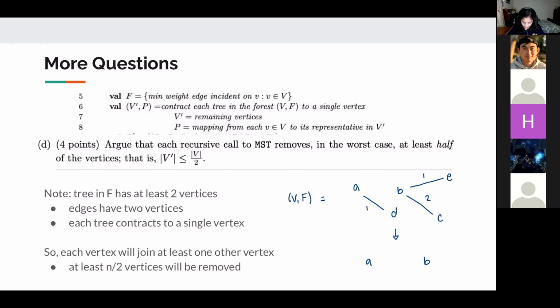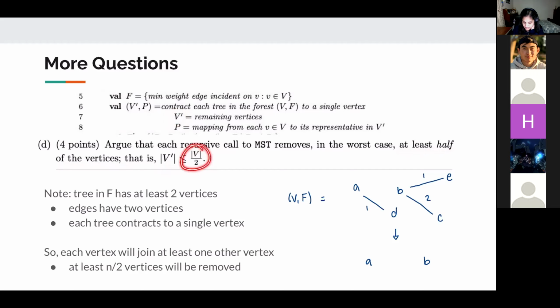Less than or equal to V over 2. This part? Yeah, so we want to argue that we're removing at least half the vertices. So whatever V prime we get, there's going to be less than or equal to V over 2 of these vertices.